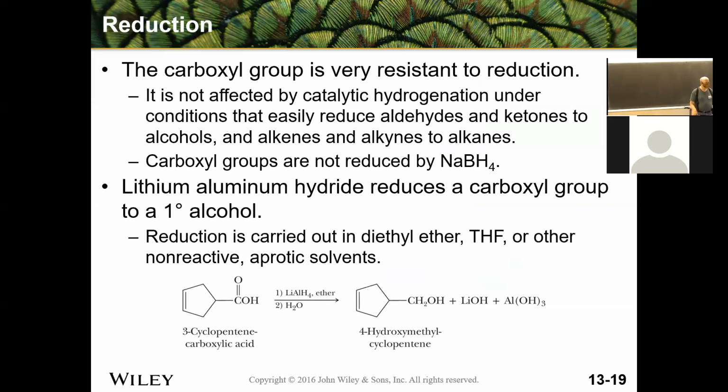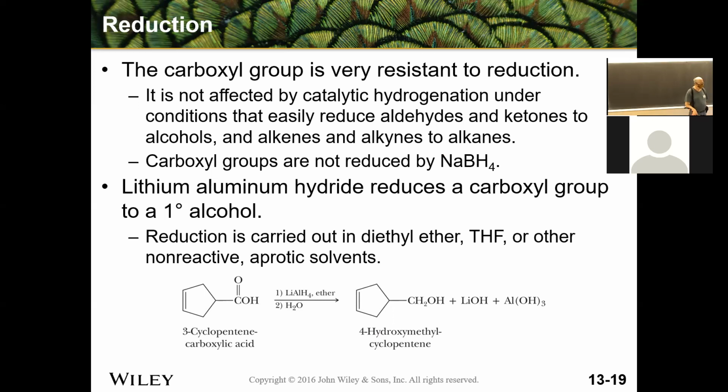The carboxyl group is very resistant to reduction. It is not affected by catalytic hydrogenation under conditions that reduce aldehydes and ketones, or alkenes and alkynes to alkanes. Carboxylic acids are not reduced by sodium borohydride.